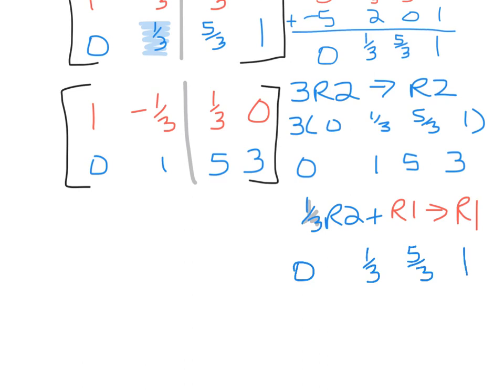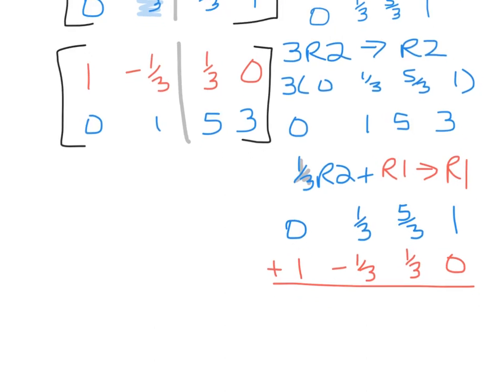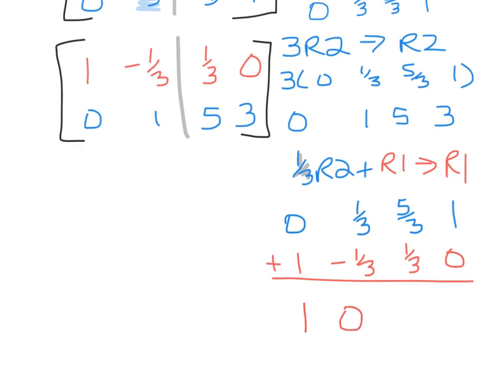I'm adding it to row 1, which is 1, negative 1/3, positive 1/3, and 0. And I get 1, 0. I get 6 over 3, which is 2, and then the 1. So my new row 1 is 1, 0, 2, 1. My row 2 is the same.